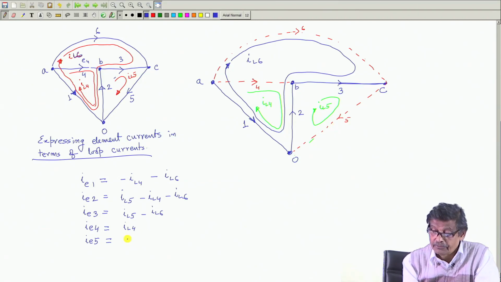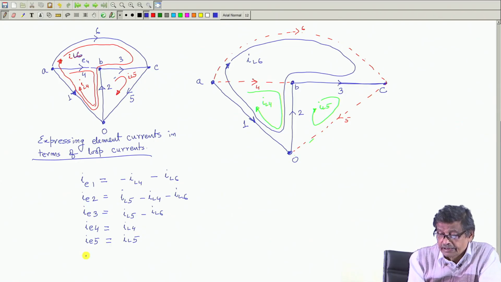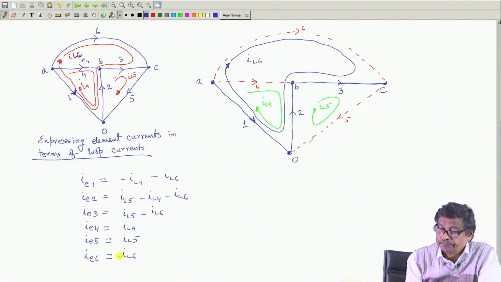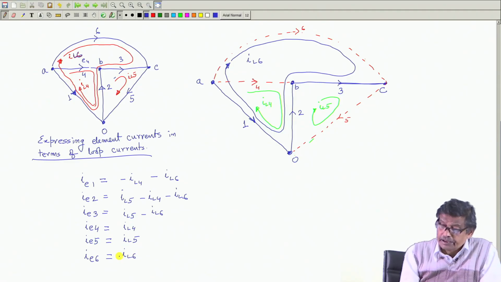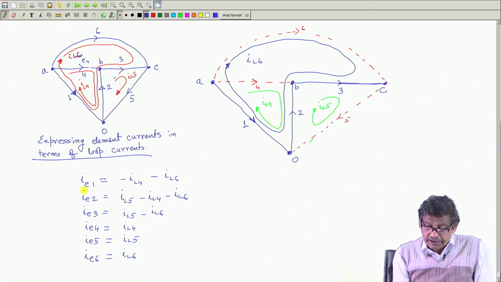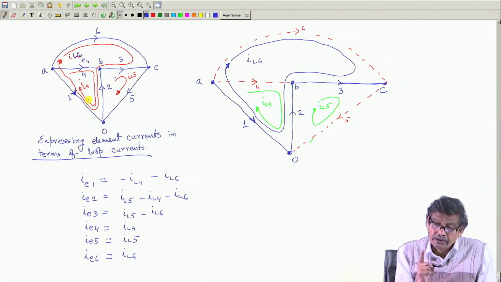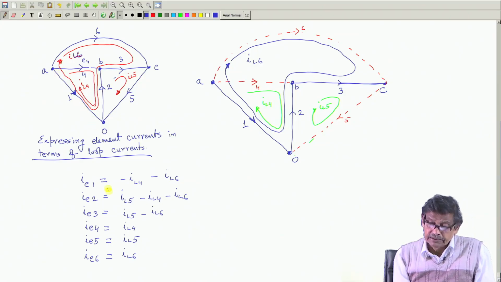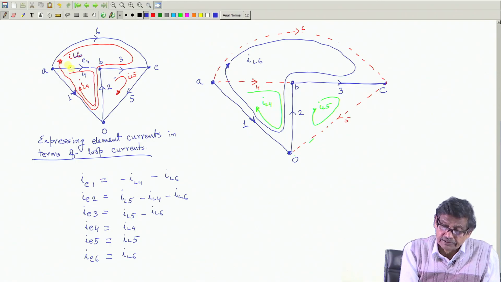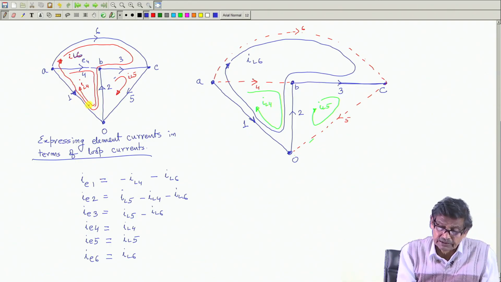So, this will be equal to IL5, and finally, IE6 will be equal to IL6. So, once again repeating very quickly. To find out the element current in 1, this current I1, what I do is I see what are the loop currents that are present in this branch as well.